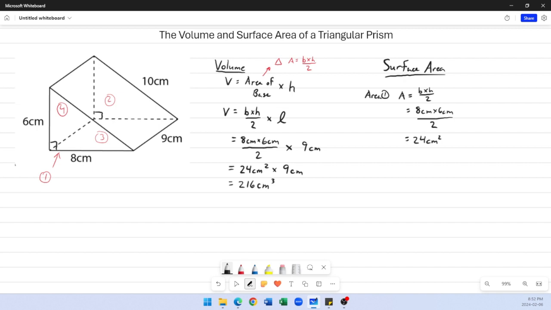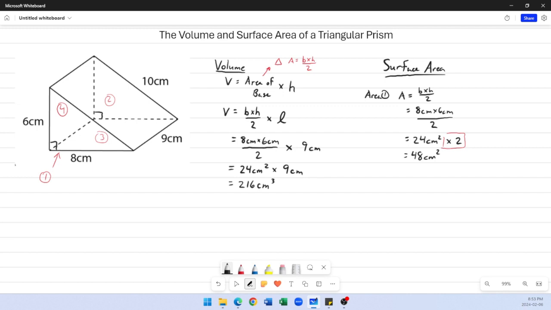Now bear in mind, since we have a triangular prism, the two triangular faces are congruent. So we have to multiply that by 2 to account for the second one on the far side. 24 times 2 is 48 square centimeters.